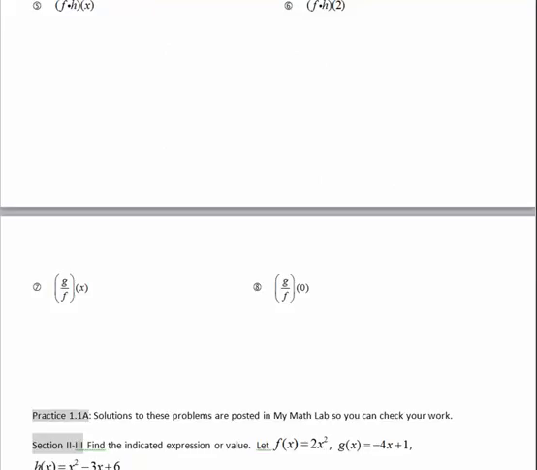All right, what about multiplication? Well, if we want to multiply f times h of x, we're going to take our f function. Oops, and I've forgotten what that was. Hold on just a second. Sorry about that.